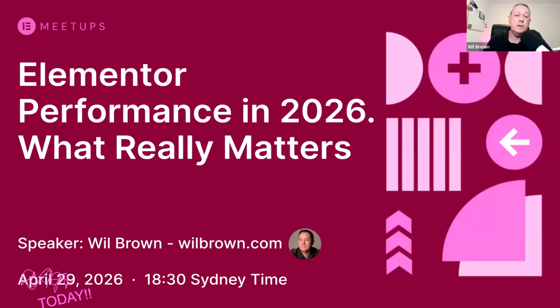Some of the biggest performance gains that I've seen recently didn't really come from advanced optimization at all. It came from simplification. So hopefully tonight gives you a few useful ways to think differently about performance while building, not just after launch and optimizing everything page by page. All right, let's jump in.